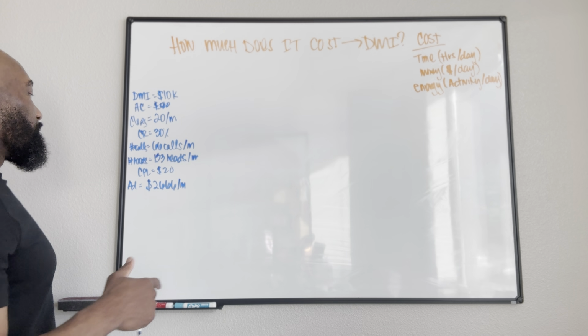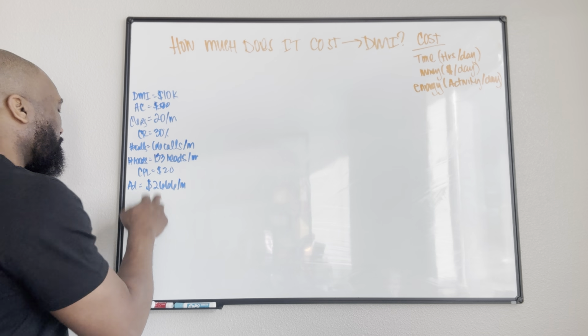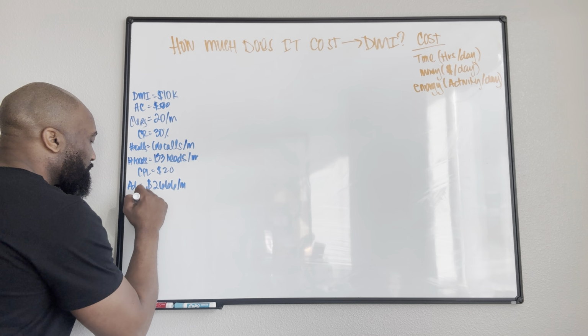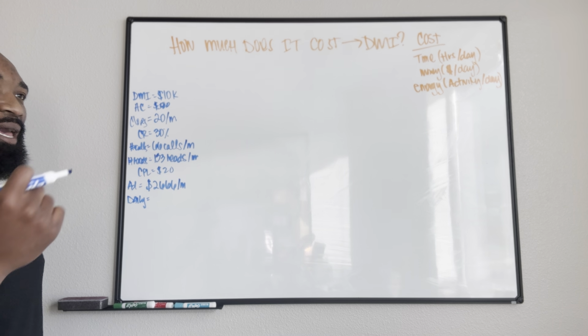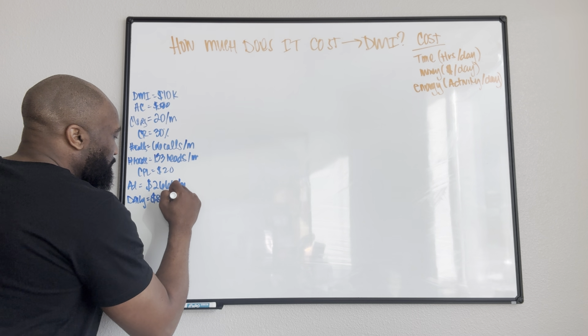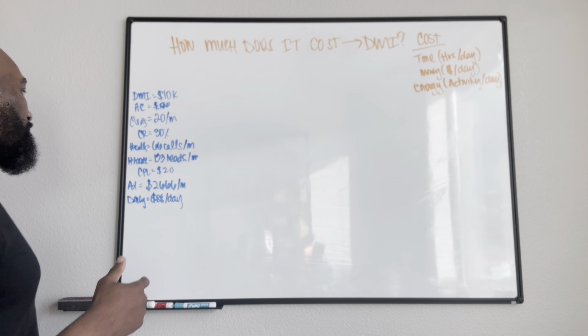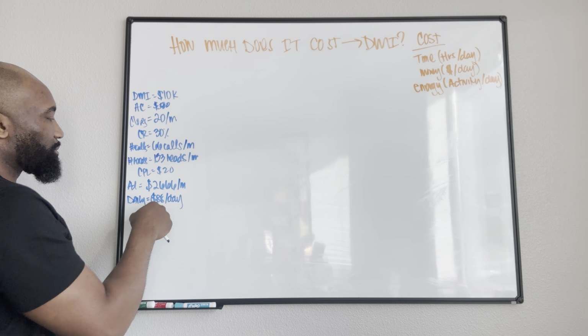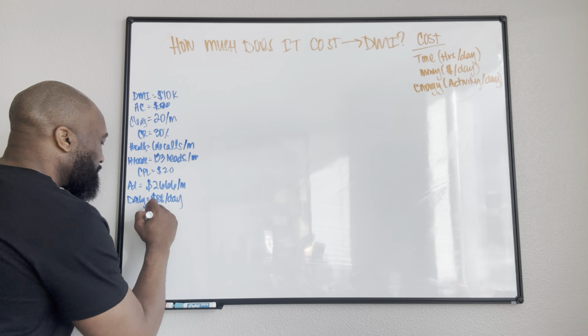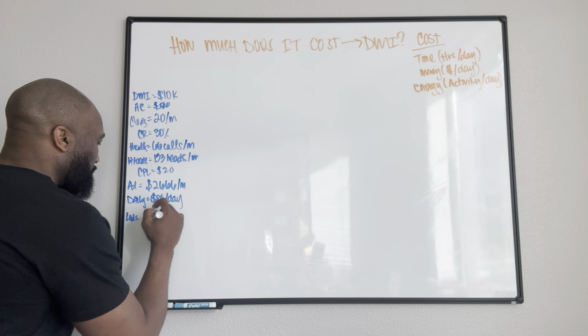Let's break it down a little bit more. So your daily spend, what is this, like $88 a day in ad spend, okay? So that'll get you roughly 4 leads a day, right?